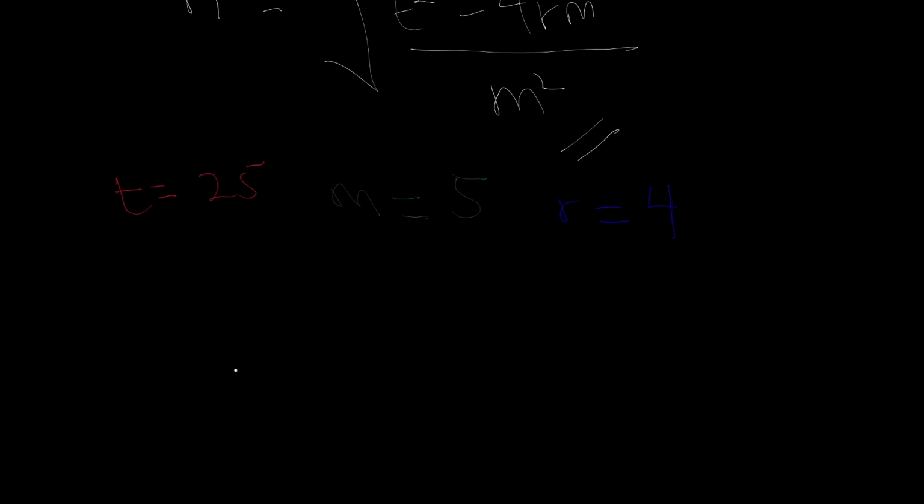So our n is equal to the square root of 25 squared minus 4, r is 4, so 4, and m is 5.